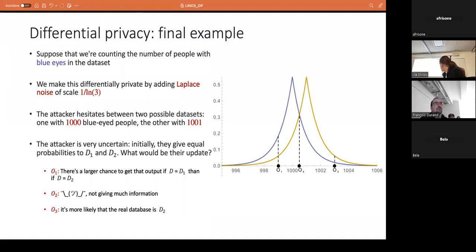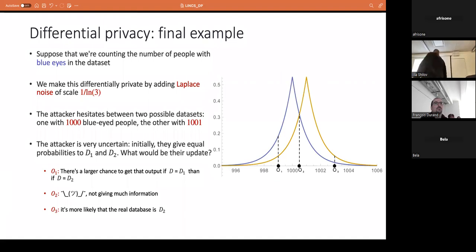So returning to our example with the number of people with blue eyes in the data set, the query would be, what is the number? The true value is 1000, and the adversary hesitates between two data sets, whether it's 1000 or 1001. The attacker doesn't know which data set is correct.